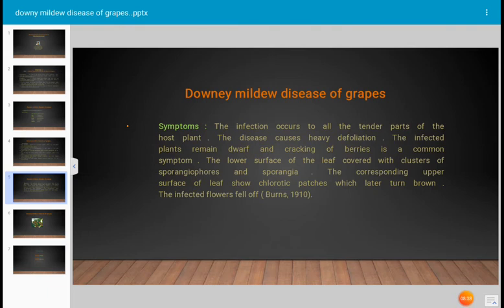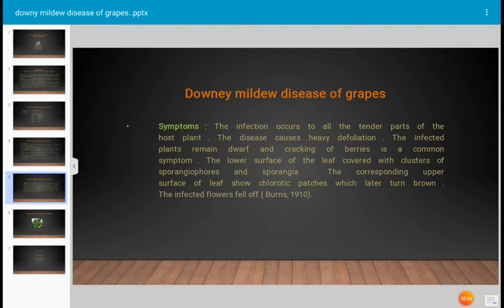It is a fungus. Regarding symptoms, the infection occurs on all the tender parts of the host plant. The disease causes heavy defoliation, the infected plants remain dwarf, and cracking of berries is a very common symptom.